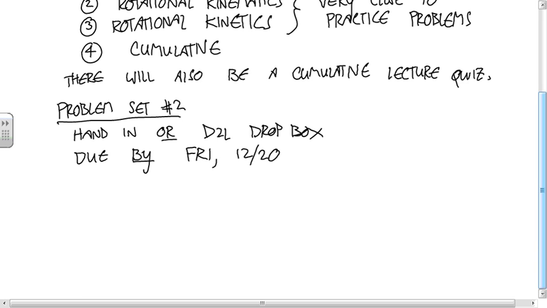I think it should be calculated on D2L and should be visible to you. It'll give you all the breakdown of the individual things and then say like 41% total. Any questions about, yes?